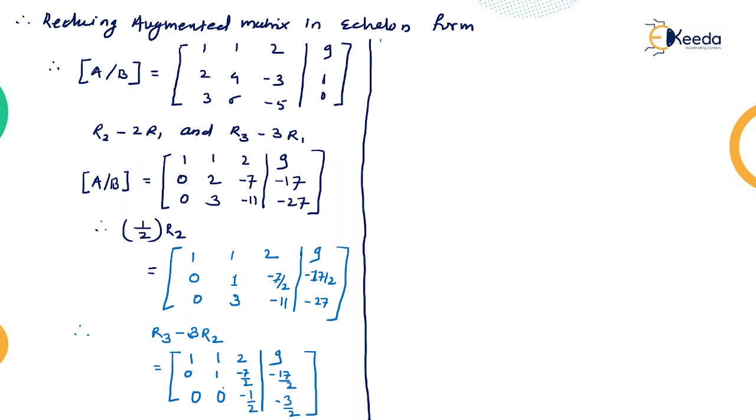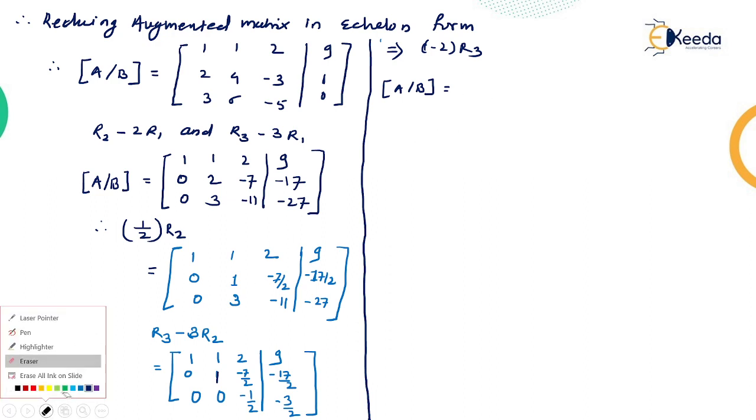After making the element below the leading element 0, we also have to make the leading element of R3 equal to 1. So we change R3 here by simply taking minus 2 into R3. This is the transformation we do on the augmented matrix, changing only R3.